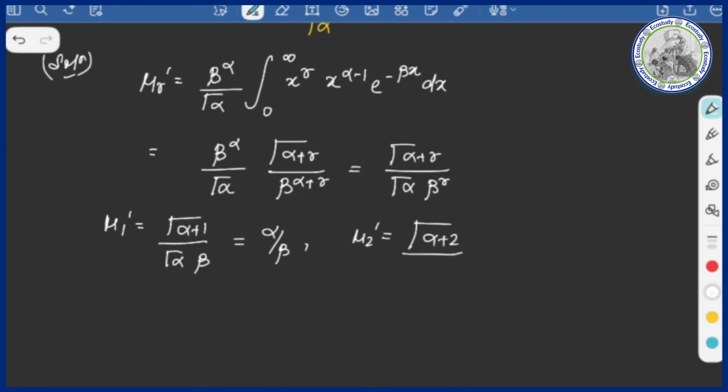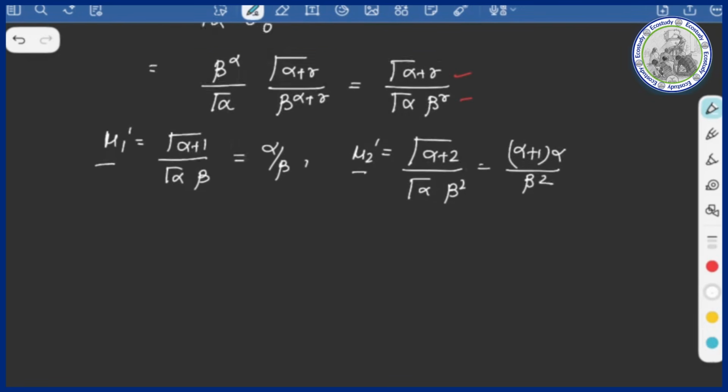See, if you don't calculate it in this way and you calculate for mu1, then you have to calculate for mu2 as well. But when you calculate the first, that is mu r, you only have to put the value of r. See how easily it will be: that is alpha plus 1 alpha upon beta square.